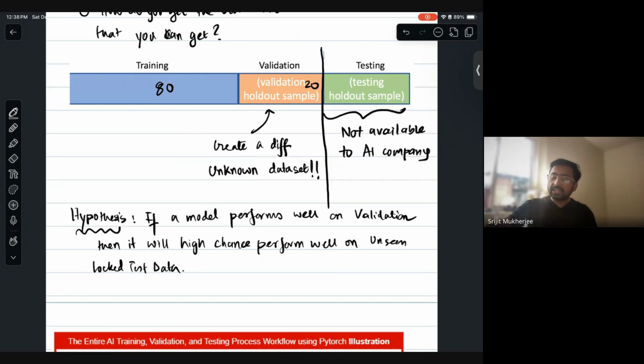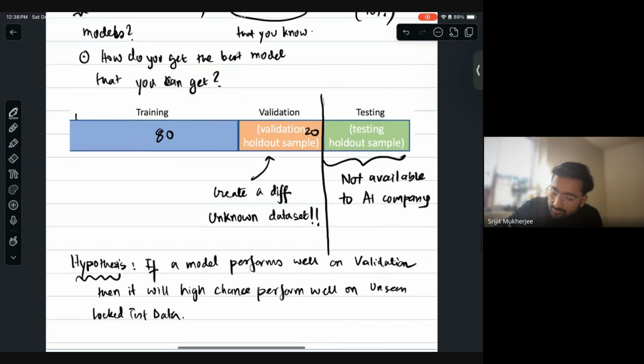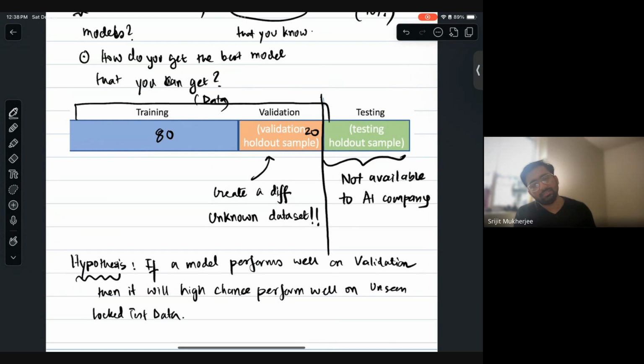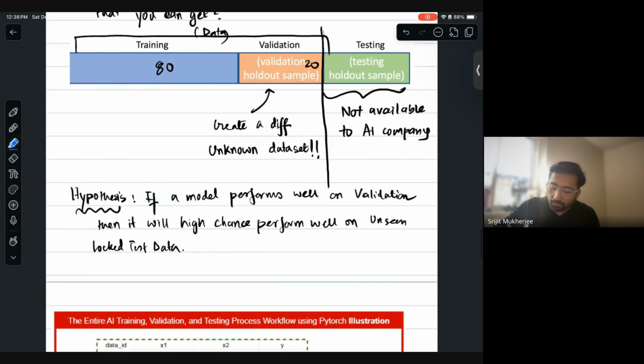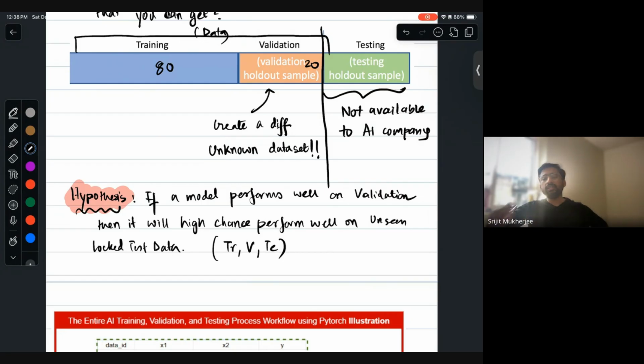So what we do is divide the data they give into two halves: training and validation. The basic hypothesis is this, and it is mathematically true. Let's call the three data sets TR, V, and TE.